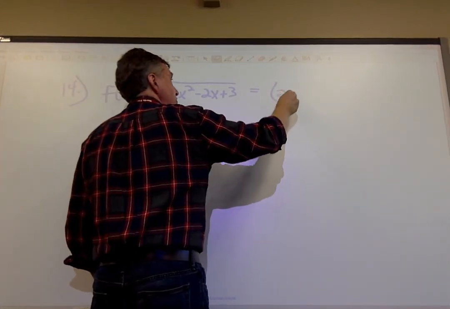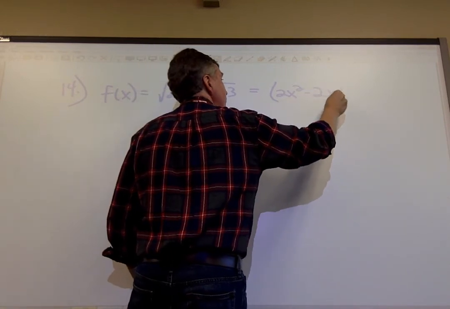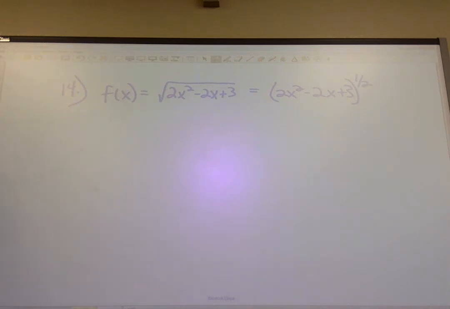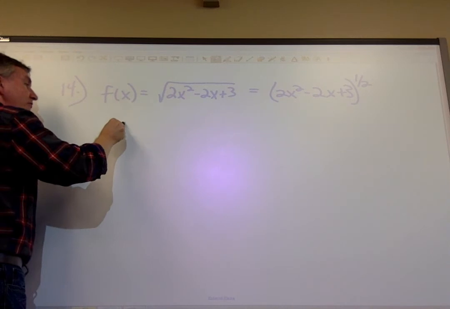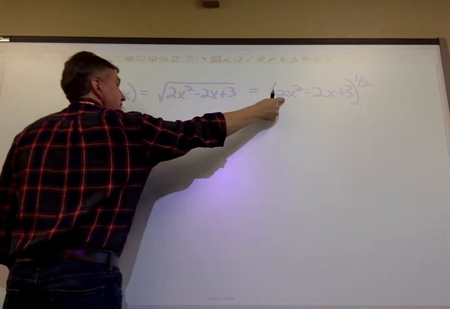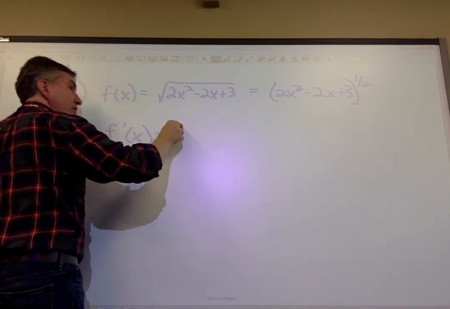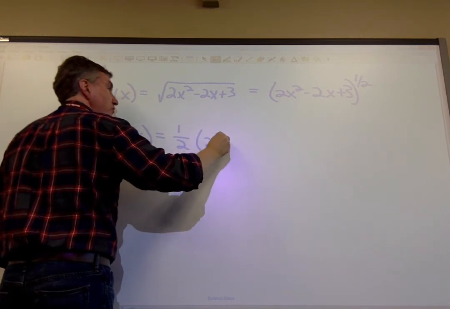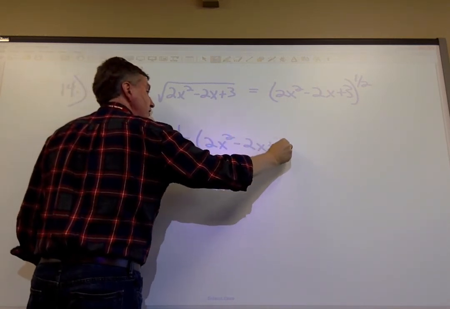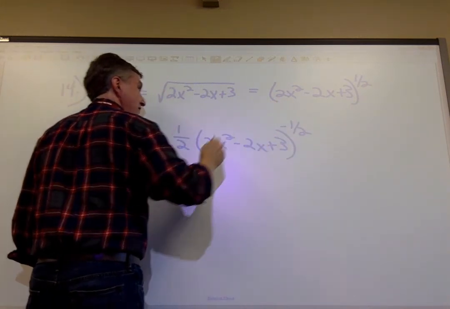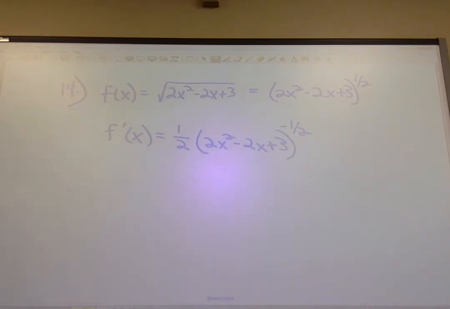Yes. 2x squared minus 2x plus 3 to the 1/2 power means square root, doesn't it? That means the square root of it. So if I said find f prime of x, do the outer using this, what would come in front? 2x squared minus 2x plus 3 to the, yes. If I subtract 1 from that power, it would be negative 1.